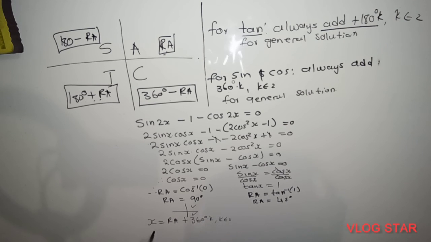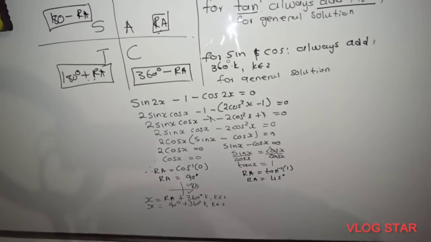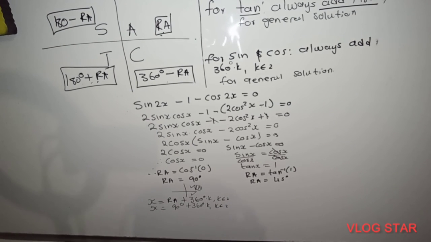So it's going to be x, RA is 90 degrees plus 360 degrees dot k, k is an integer. This would be the first general solution for cos using the first quadrant.